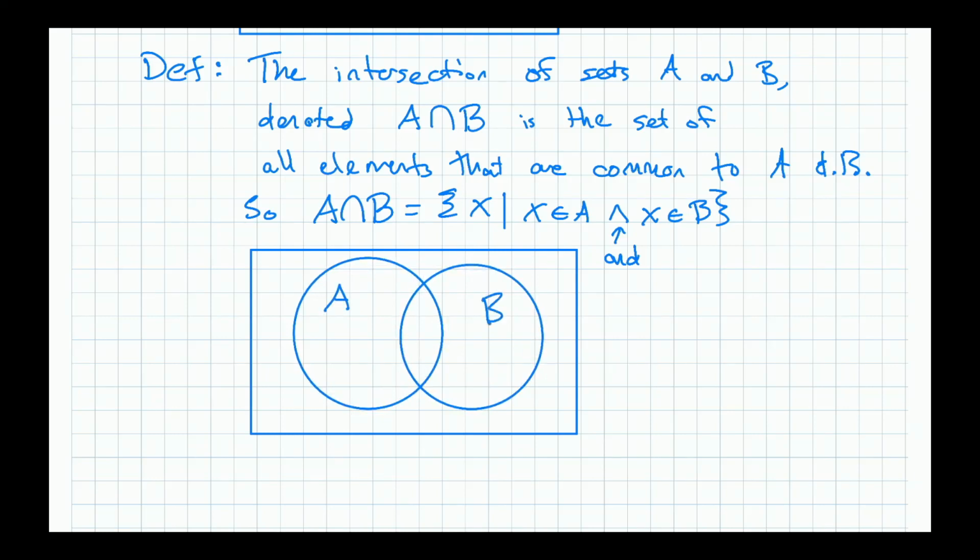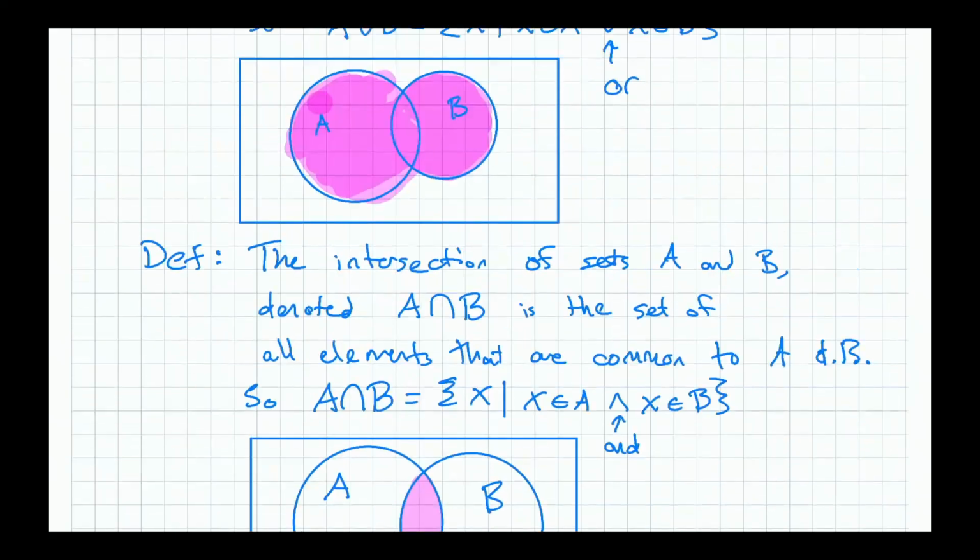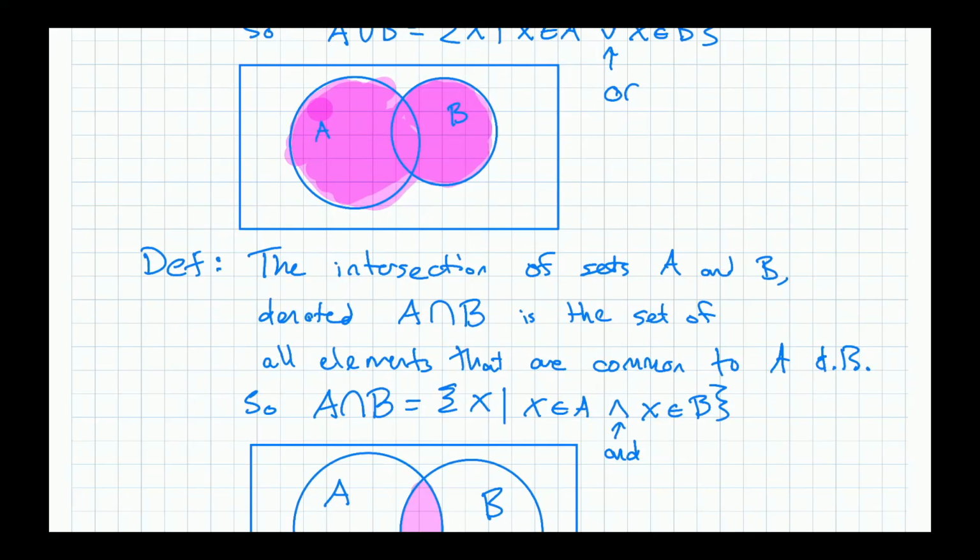So what is the union? Sorry, what is the intersection? The intersection is in here, just the part that's in the middle. Okay, so I should write it. We'll use black. So that's the shaded area of A union B.